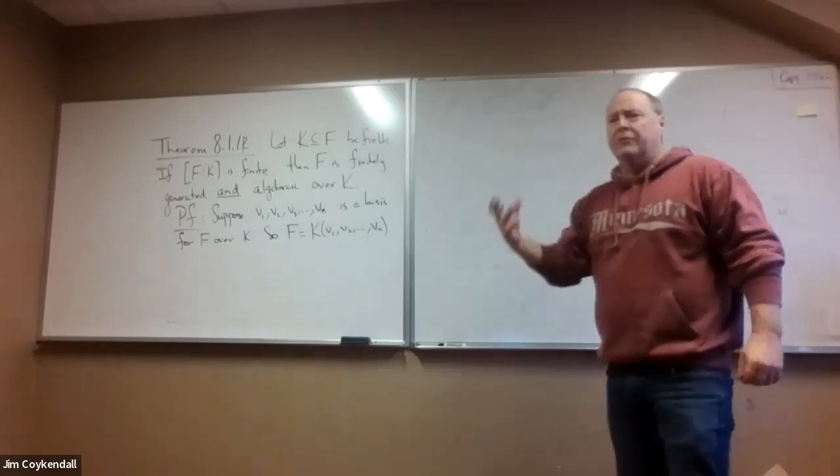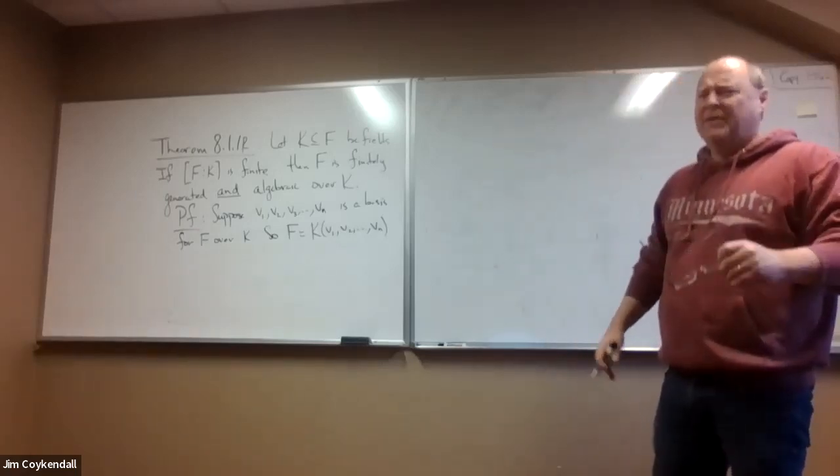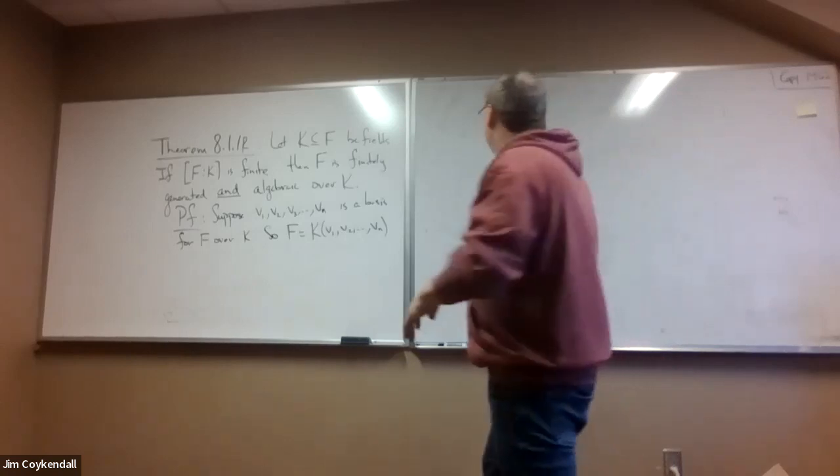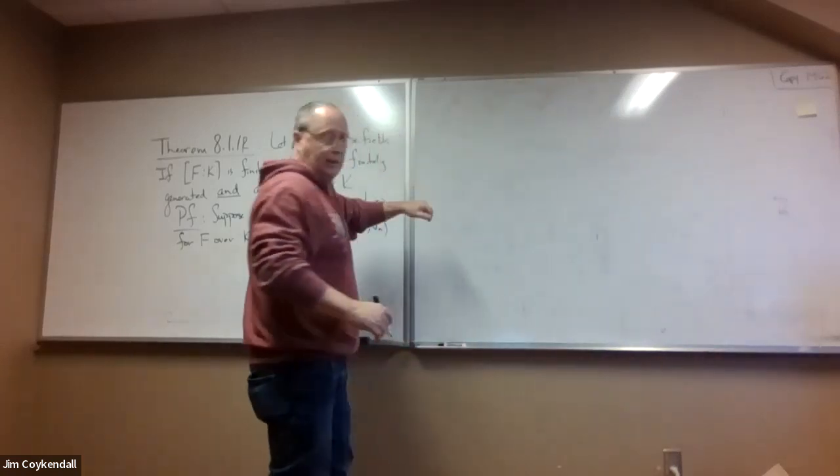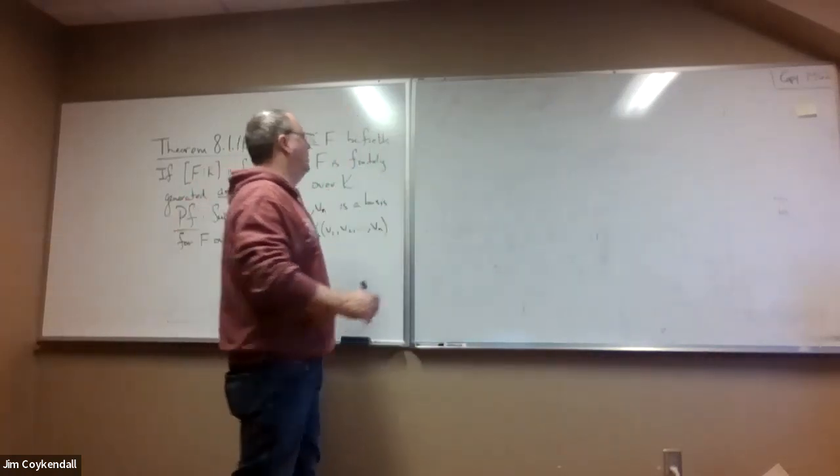Let me make a remark that occurred to me as things were going on, that I don't think I pointed out yet. I've got a short quick quiz for you.